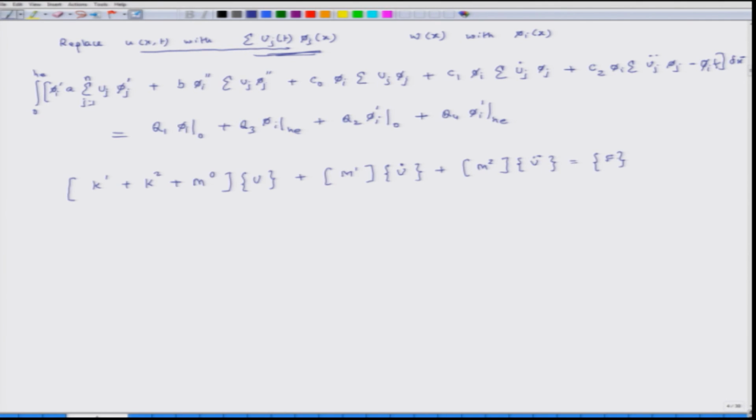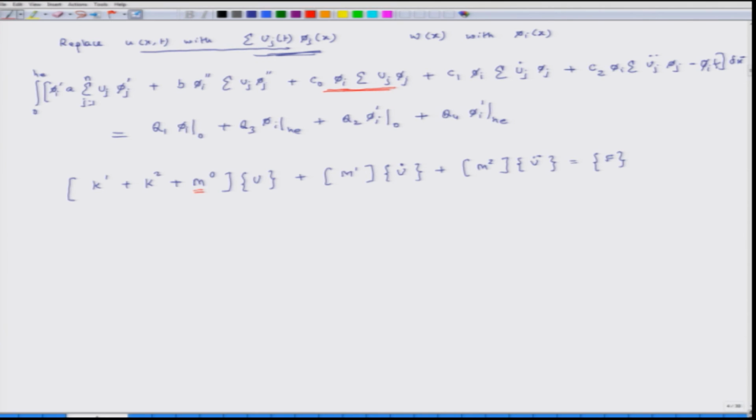a force function. So, what is m0? If I integrate these terms, I get a matrix, and from there I get m0.